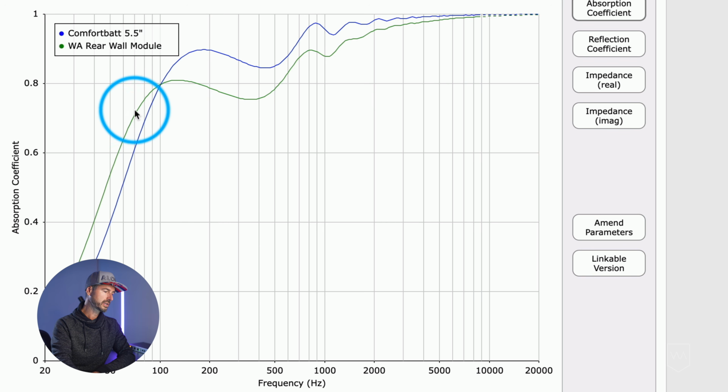So we actually have significantly more bass absorption down in the sub-range using the multi-layered module, because using a higher density material thin on the front, followed by a lighter density material, in my experience, always outperforms just a single density. That's called graduated density, and it's known in acoustics that using a higher density material followed by a lighter density material should outperform in terms of bass. So I'm willing to give up a little bit of low, mid, or upper bass range absorption coefficient in this room to gain the extra control over low frequencies.